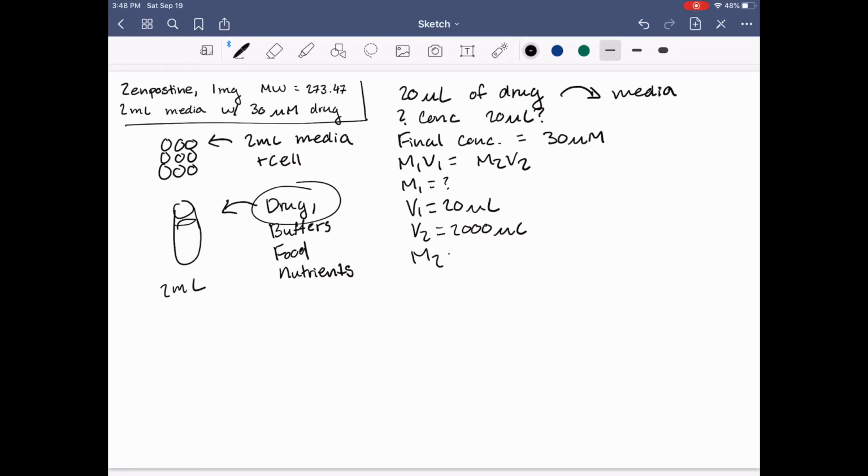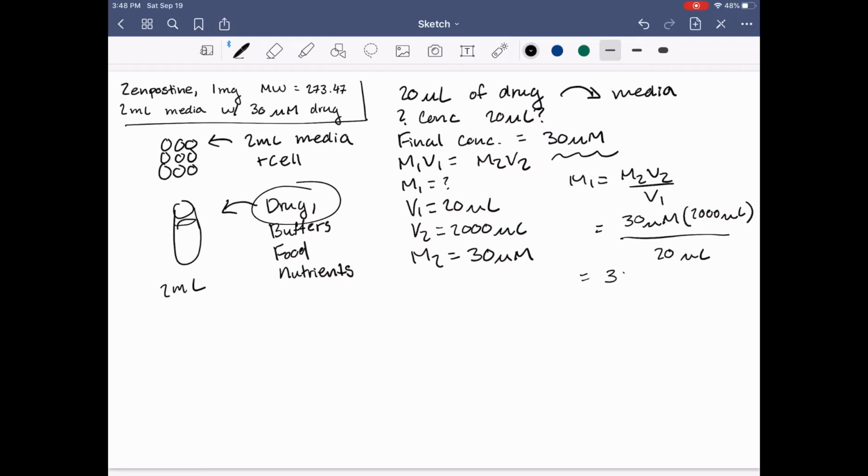And our final concentration is this 30 micromolar. Okay, so M1, we can do some algebra here, equals M2V2 over V1. That's going to be 30 micromolar times 2,000 microliters divided by 20 microliters.